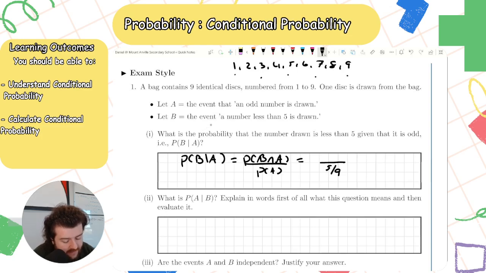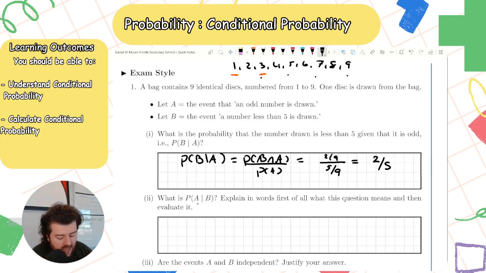Probability B, let the event be a number less than 5. So B intersection A just means an odd number less than 5. How many odd numbers less than 5 do we have? Well, we have 1 and 3. My answer here is 2/9. Put that in your calculator. I'll get 2/5 or 0.4.